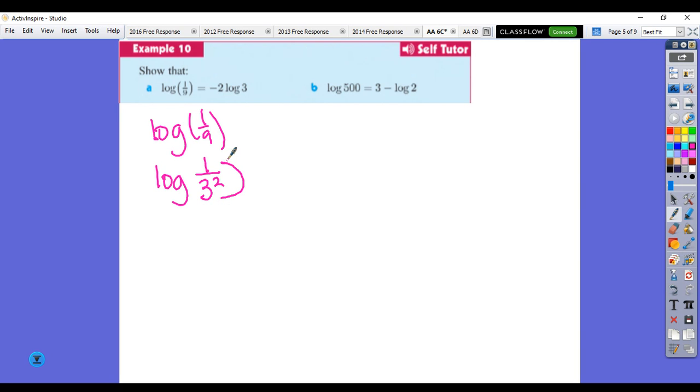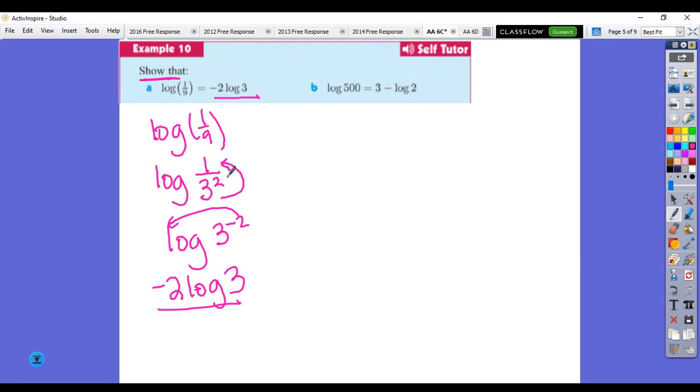Then I'm going to move the 3 squared out of the denominator, which means I need to make my exponent negative. I'm then allowed to move my exponent to the front, and voila, my left side equals my right side. This is a proof.